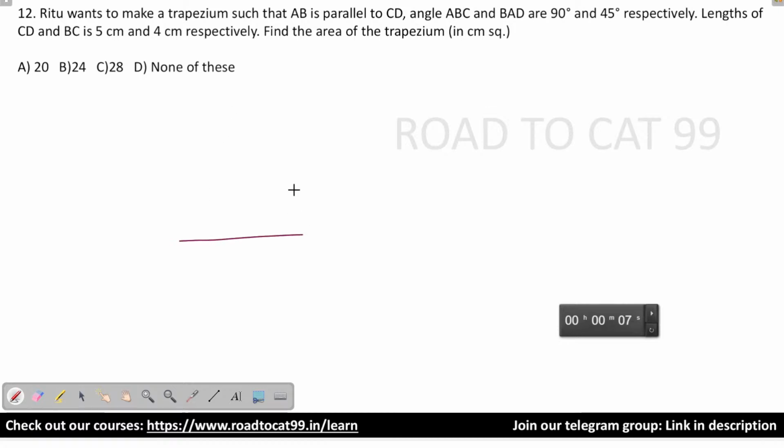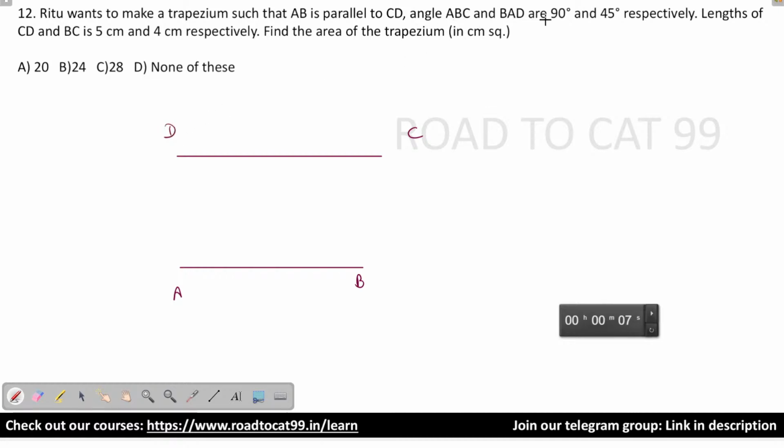So this is AB, and this is CD, and these lines are parallel. I don't know the length, so I'm not commenting anything on the lengths. Okay, this is A, this is B. Somewhere it should be C and then D.